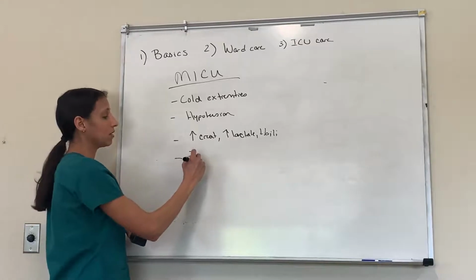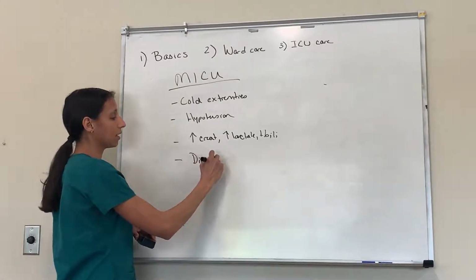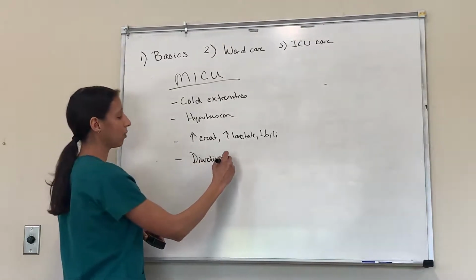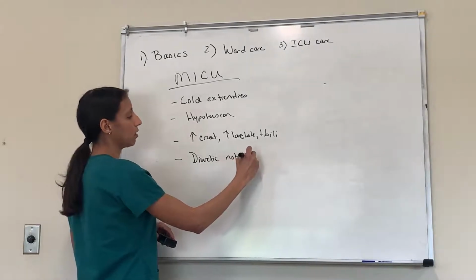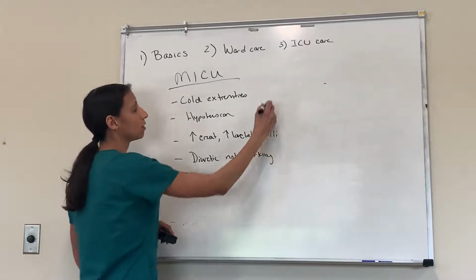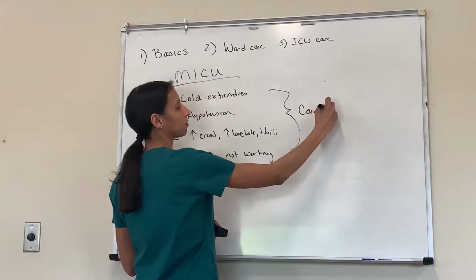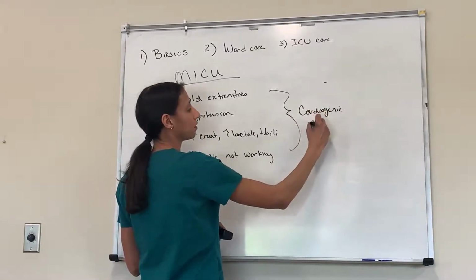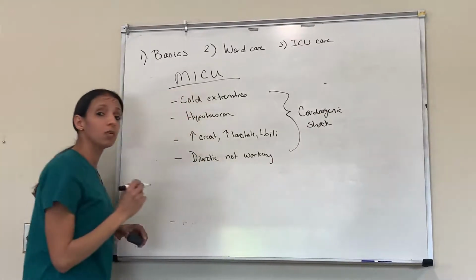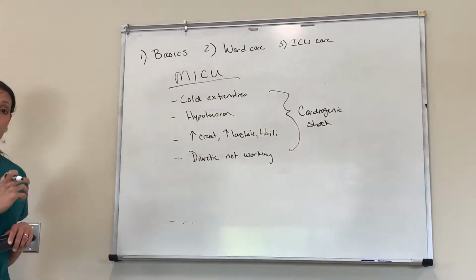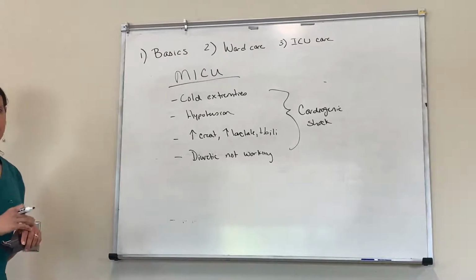Or you're giving them all the appropriate diuretics and doses, but it's just not working. So these are the harbingers of cardiogenic shock. And so in those cases, those are appropriate patients for the ICU.